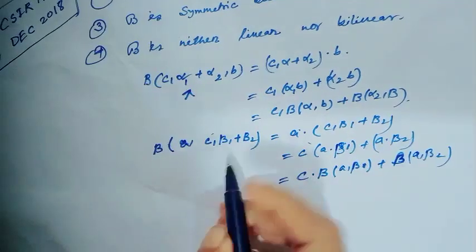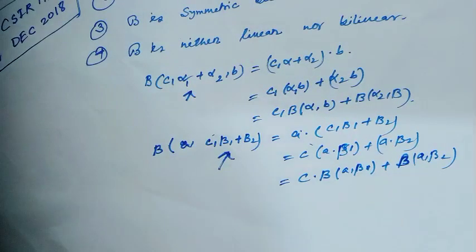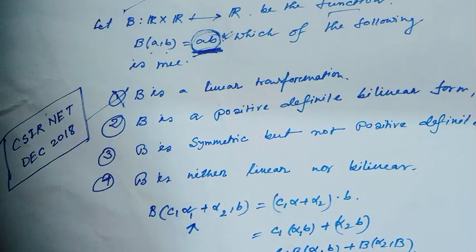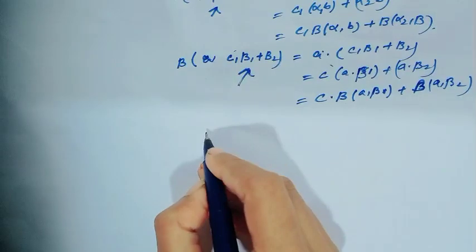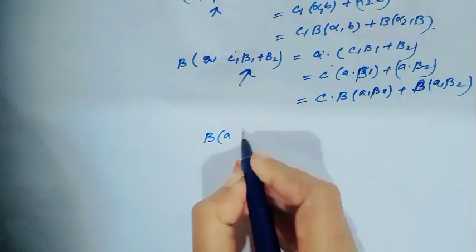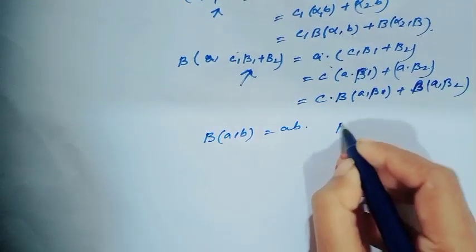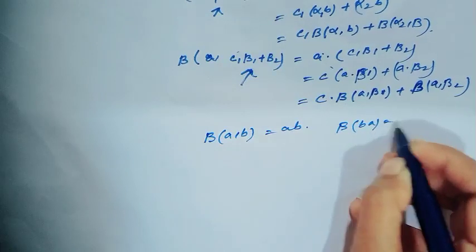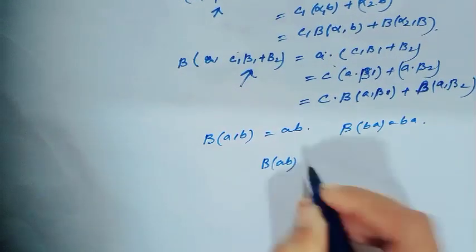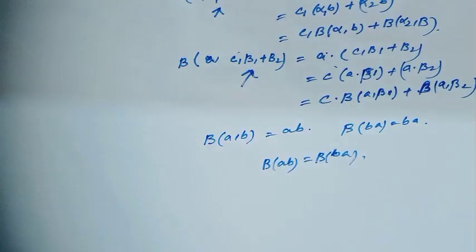So this is also linear with respect to the second component. So obviously this transformation is bilinear. Now I will check, is this transformation symmetric? Obviously B of (a, b) equals ab, and B of (b, a) would be also ba. So B of (a, b) and B of (b, a) are always the same, so it is symmetric.